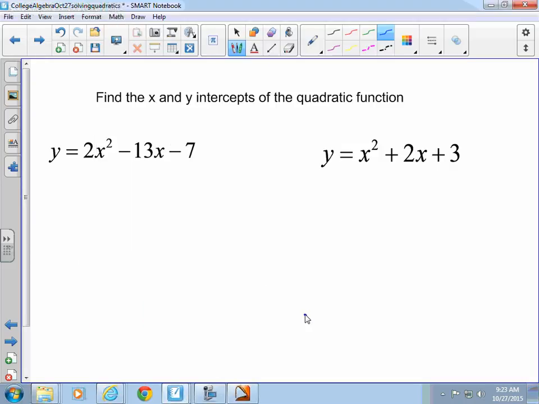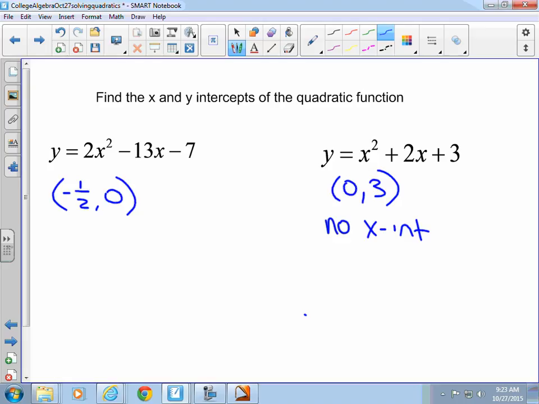So 0, 3 is the y-intercept, no x-intercepts, and someone remind me what this was, negative 1/2? Yeah, and 0. 7 or something. And then 7, 0? Yeah. And 0, negative 7? Yeah, works for me.